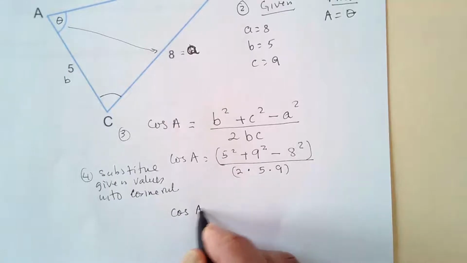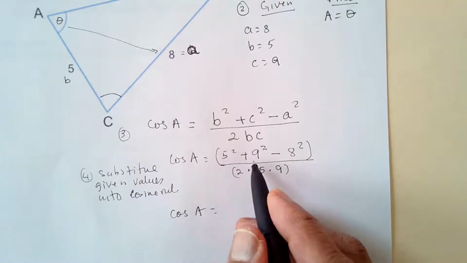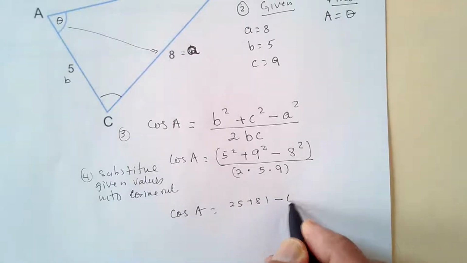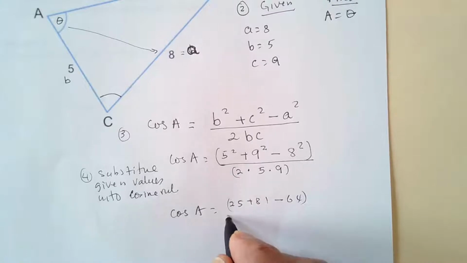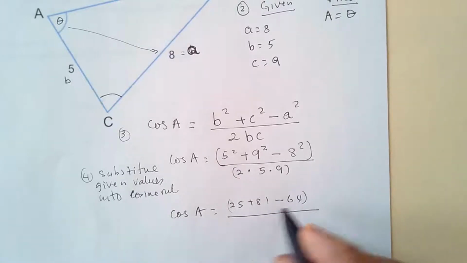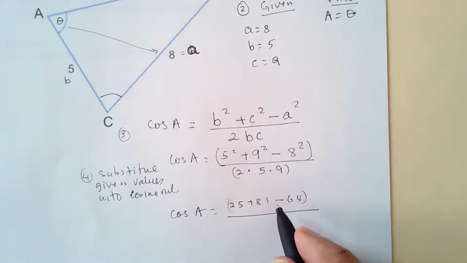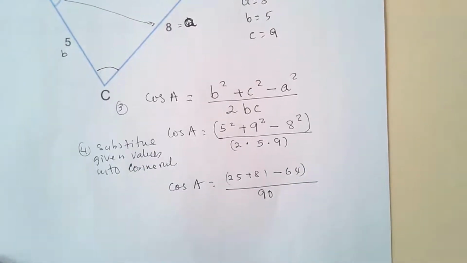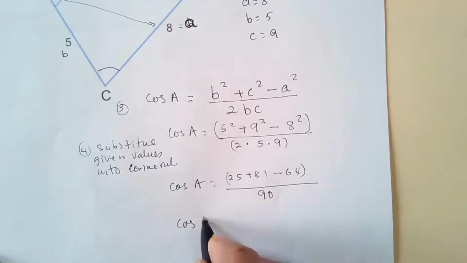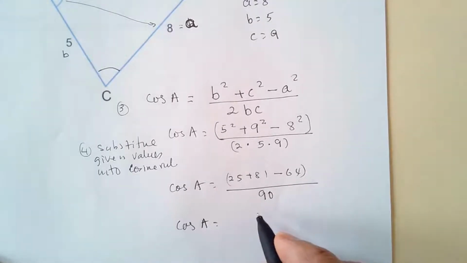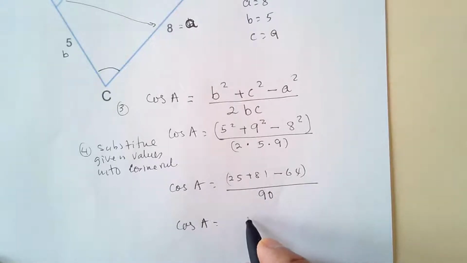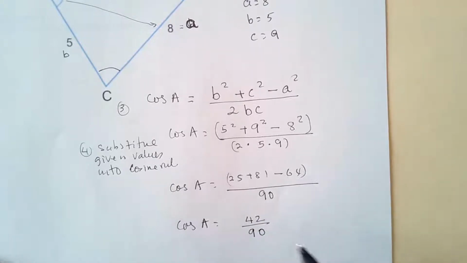So now we have cos A, 5 squared gives me 25 plus 81 minus 64, divided by 2 times 5 is 10, 10 times 9 is 90. Simplify our numerator: 81 plus 25 is 106 minus 64 gives us 42 divided by 90.